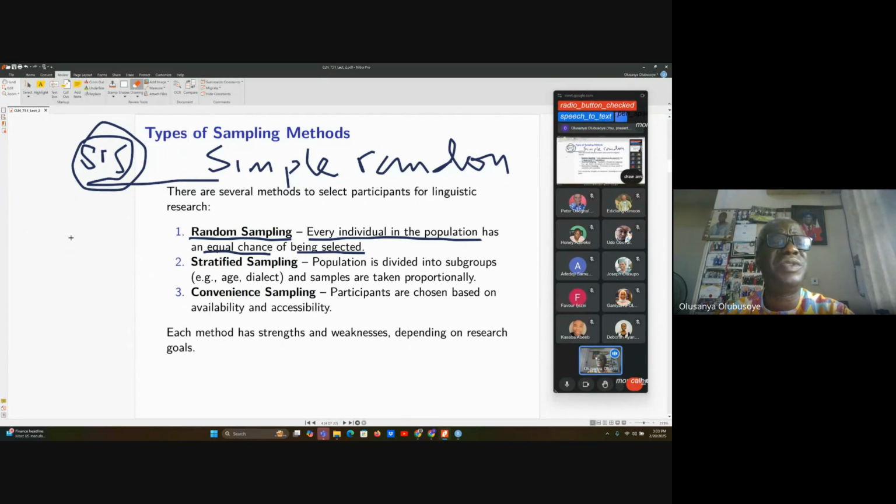When you do things like that, you are denying other members. You are not giving them equal chance.